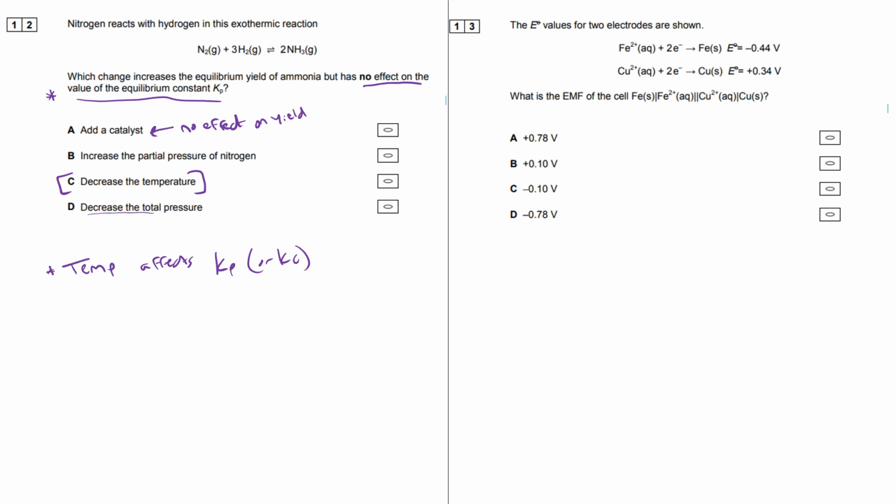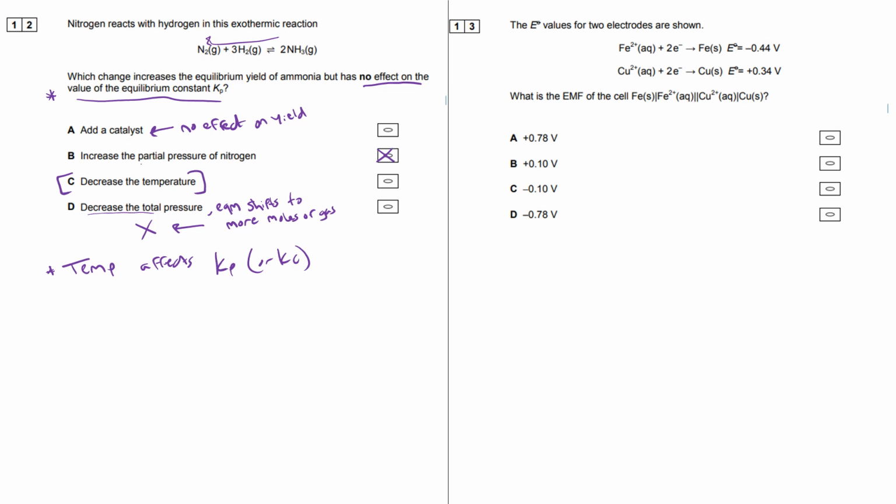If you were to decrease the total pressure, equilibrium is going to shift to the side with more moles of gas, which means we're going to make more N2 and 3H2 because we've got 4 moles on the left. So that would lower the yield of NH3. So that means statement B must be correct.